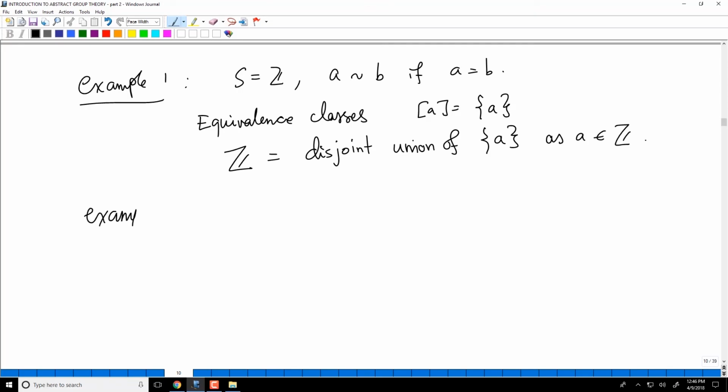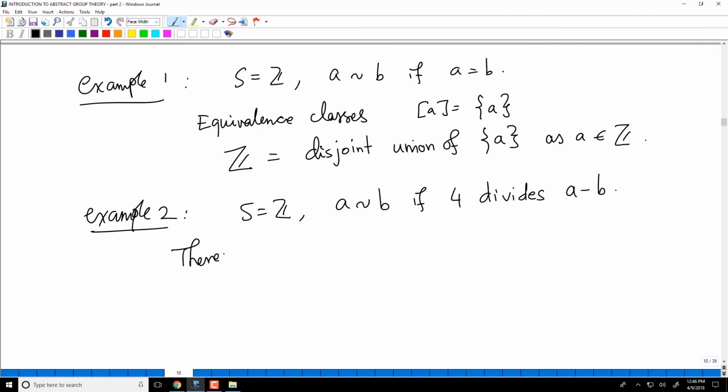In example 2, S was again Z and A was related to B if 4 divides A minus B. Here there are exactly 4 equivalence classes.